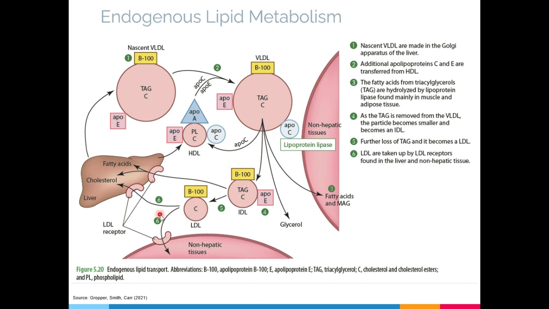Here it also makes sense why LDL is called bad cholesterol, because it donates cholesterol not only to the liver but also to extrahepatic tissues like muscles and adipose tissues.